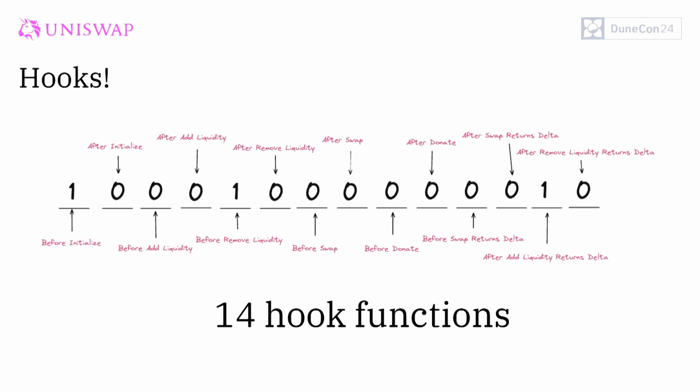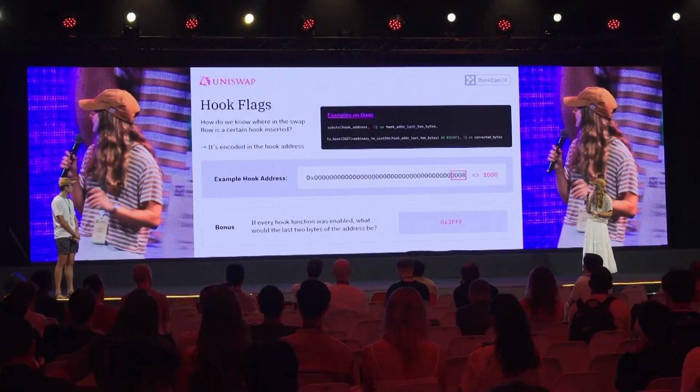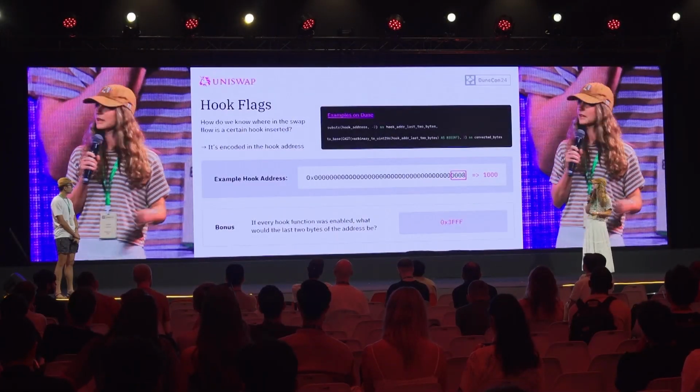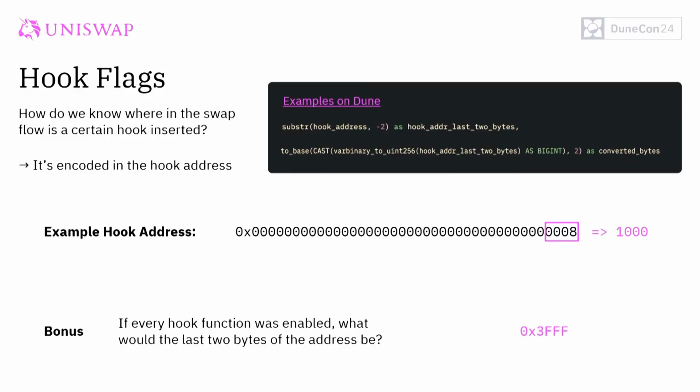This is the flag mapping of those 14 bits in the last 2 bytes of an address, which I know is a lot of very technical information, but it is very cool when you can actually see, based off of this little example code in Dune, exactly what hook flags a specific hook address is using.